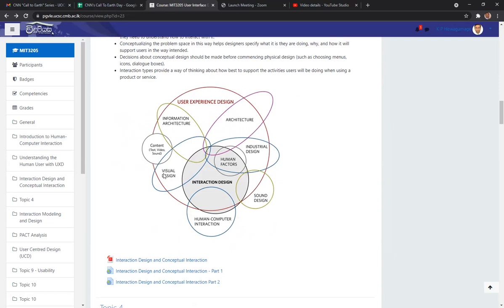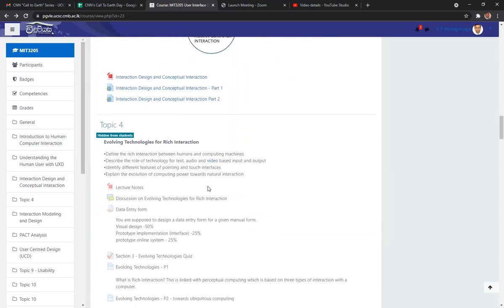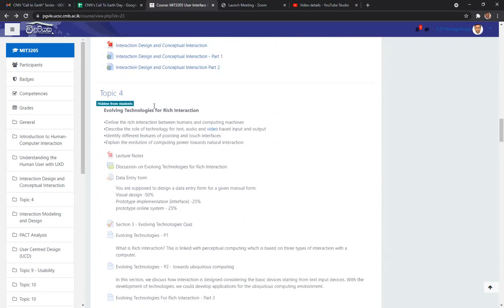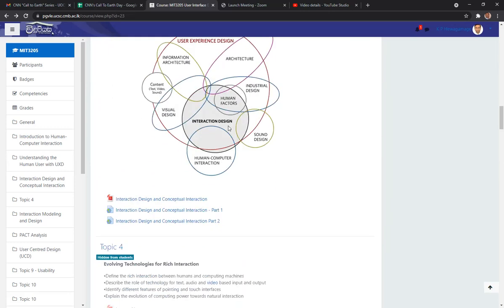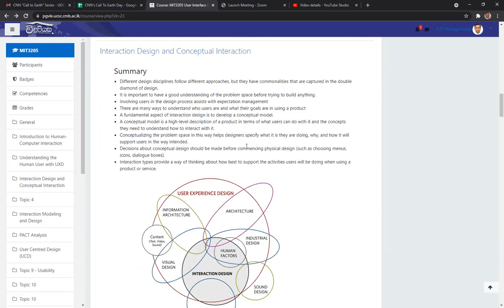The current trend is UX, but this is the nucleus, and the core thing is here. So with that, we'll go after that to evolving technologies and other things. So have time with that, and later you can really come out.